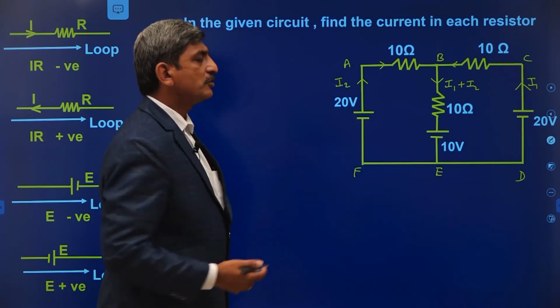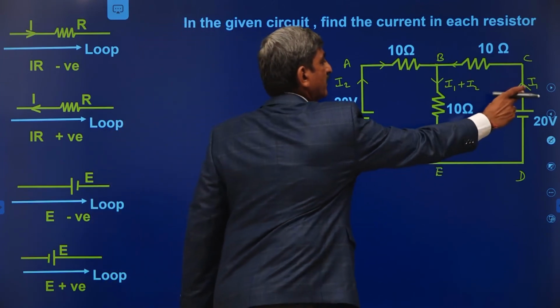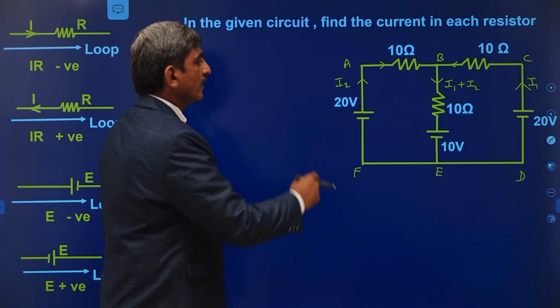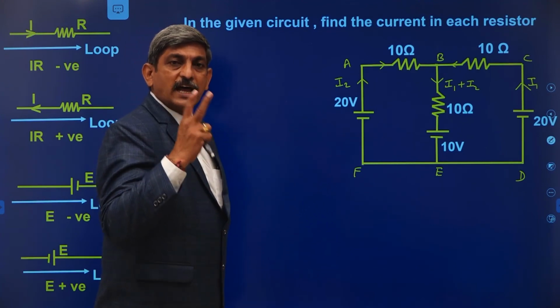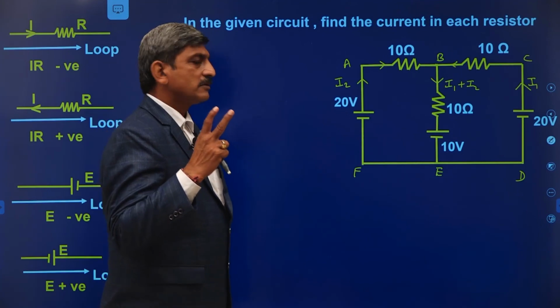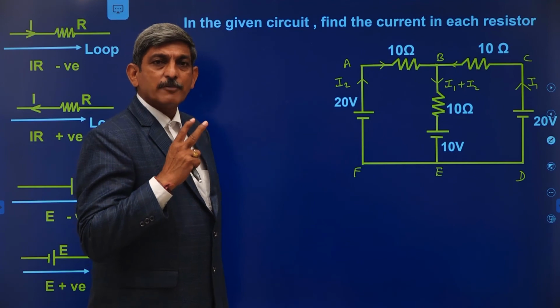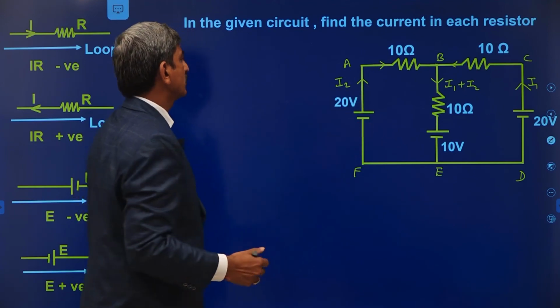I assume different currents in the different directions: I1, I2 and I1 plus I2. Here, to calculate the two unknown values, we need two equations. For that purpose, I am going to write down two loop equations from this circuit.